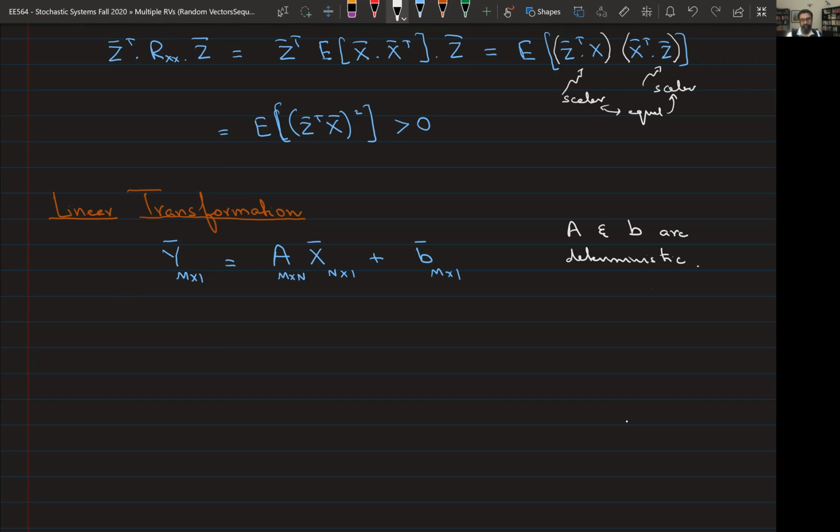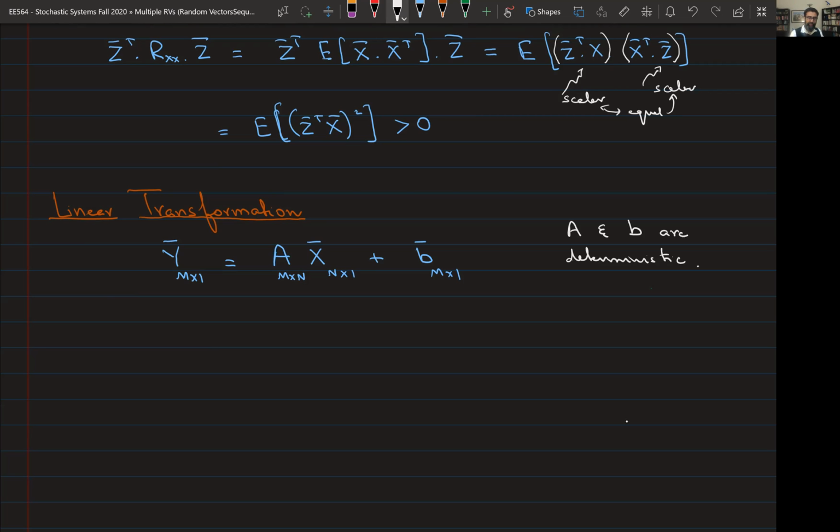And if there's an input to the linear system, you can find out how the output can be related to the input or to the state of a system through such transformations. So all you need to do is multiply with matrix A. Now, if X is random, you would expect Y to be random as well.